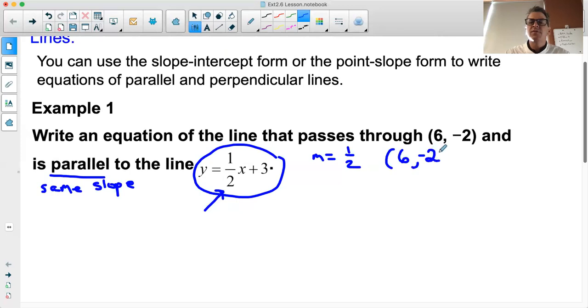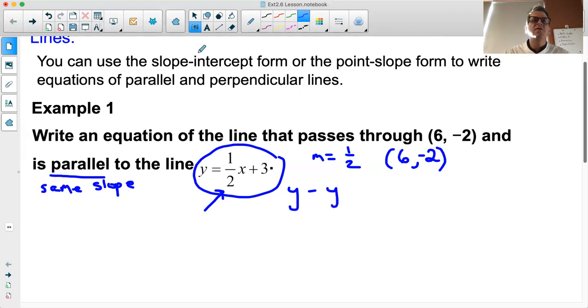(6, -2). So this is a classic point-slope situation. You've got a point and you've got a slope. So it says write an equation of a line. So we can either use the slope-intercept or the point-slope form. So since we have the point, we have the slope, let's go ahead and use our point-slope. y minus y1.